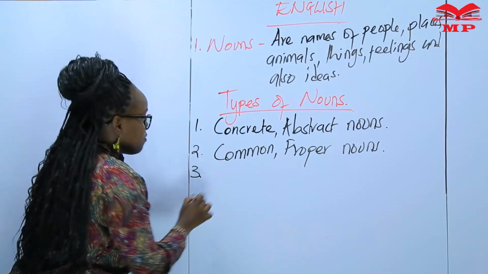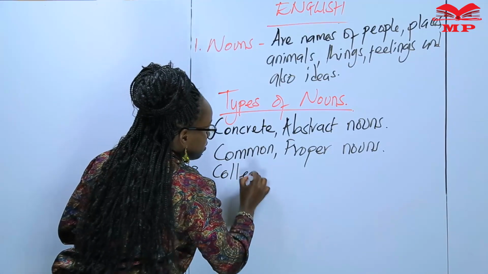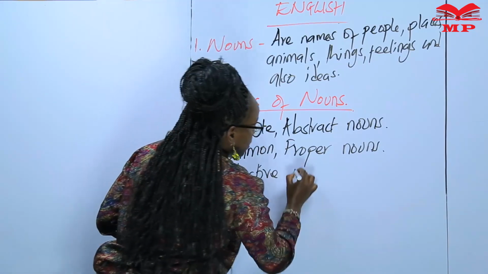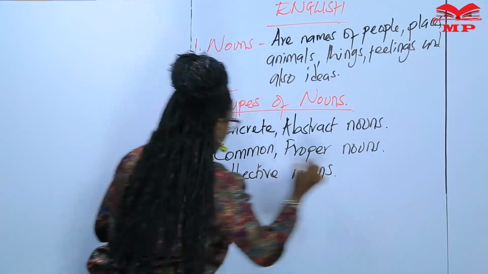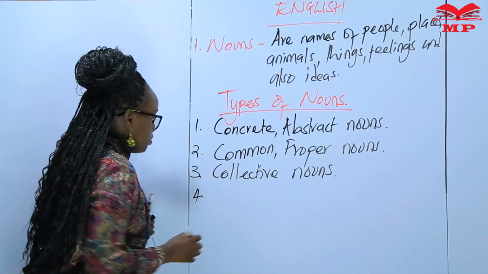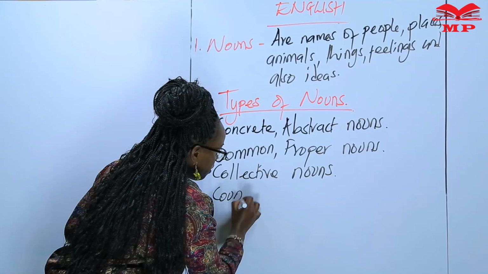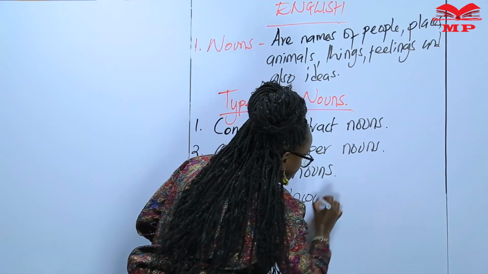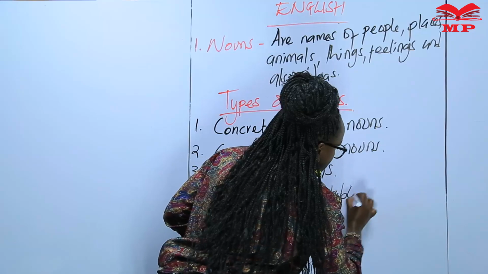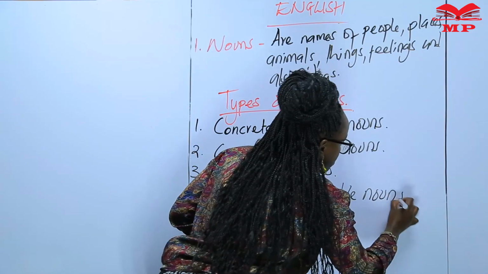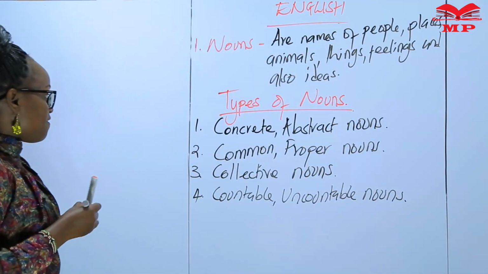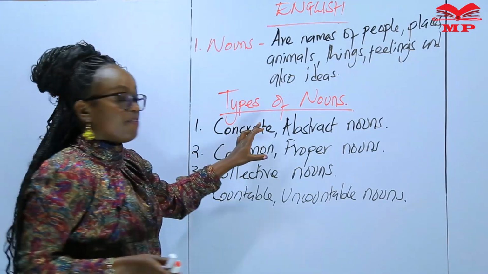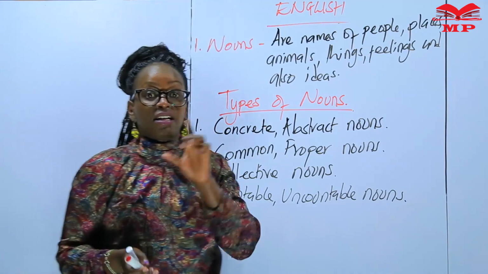And then we also have what we call the collective nouns. And then we have what we call the countable and uncountable nouns. So in general, we have 7 types of nouns in the English language.